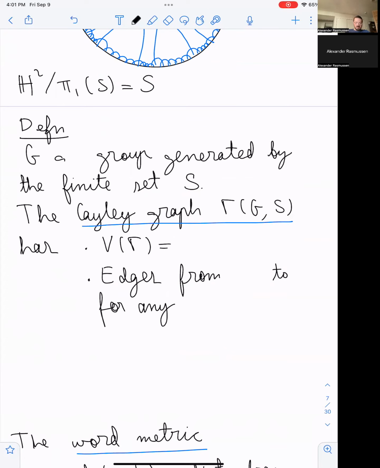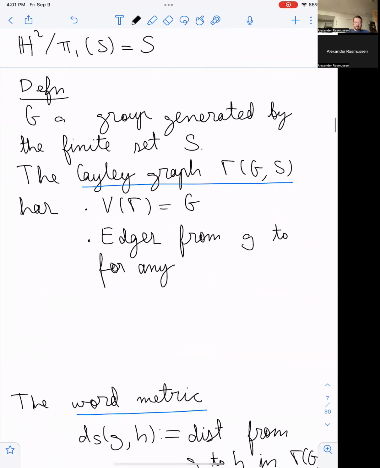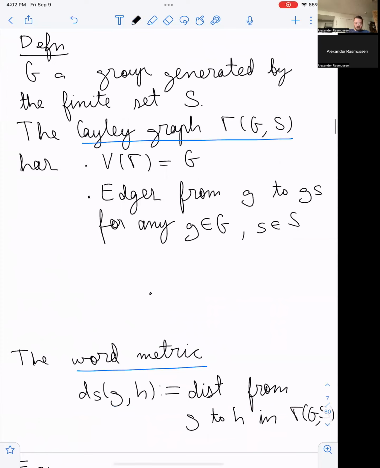The vertices are just the elements of G, and the edges will join the group element g to g times s. So g is just an arbitrary element of our group, and s is a generator. So we get little edges like this from g to gs. So edges in this graph just correspond to multiplying by generators on the right.